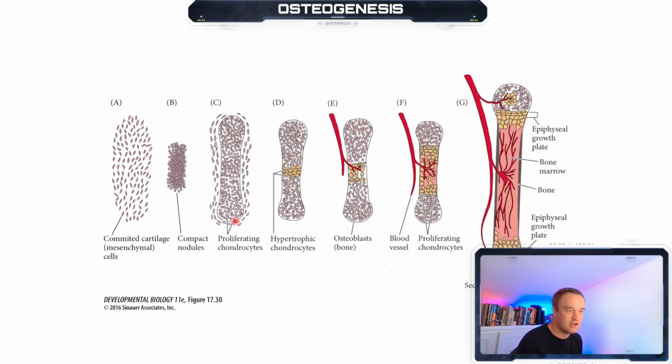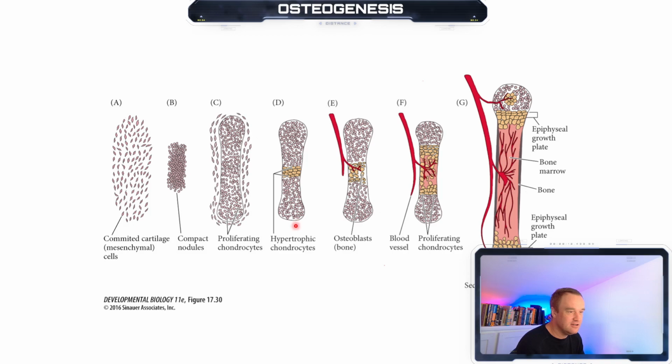So we start with cartilage as like the form, and we cast upon it, like using art terms, I guess. I don't know if those are the correct art terms, but we have the cartilage that forms kind of the model, and then it'll be ossified.